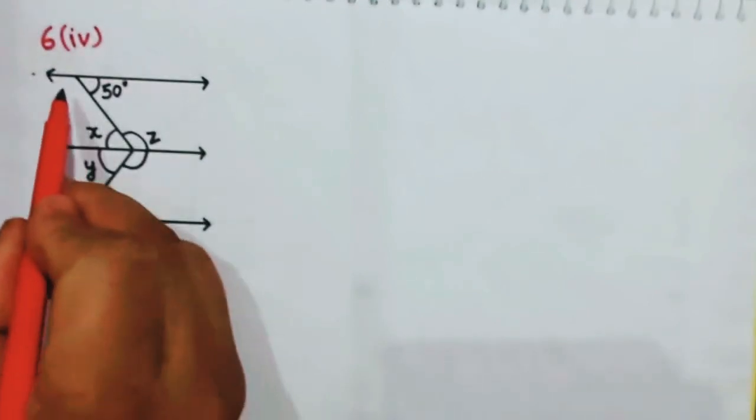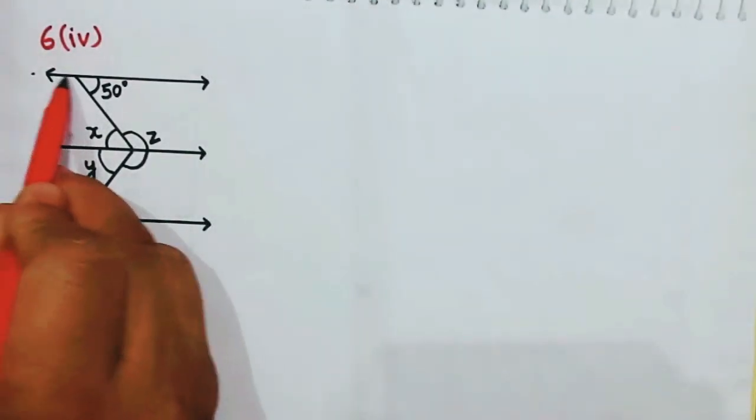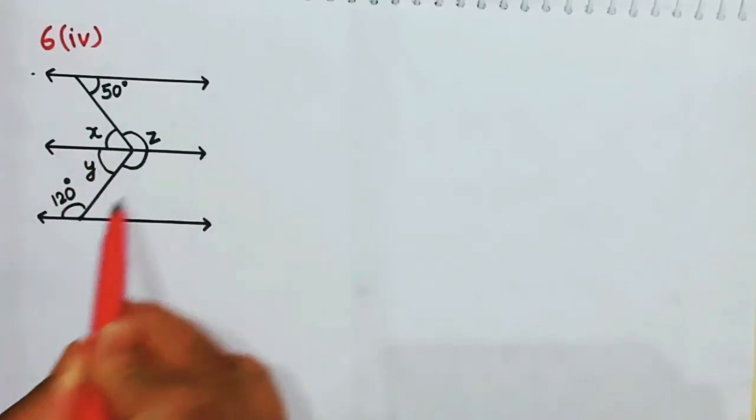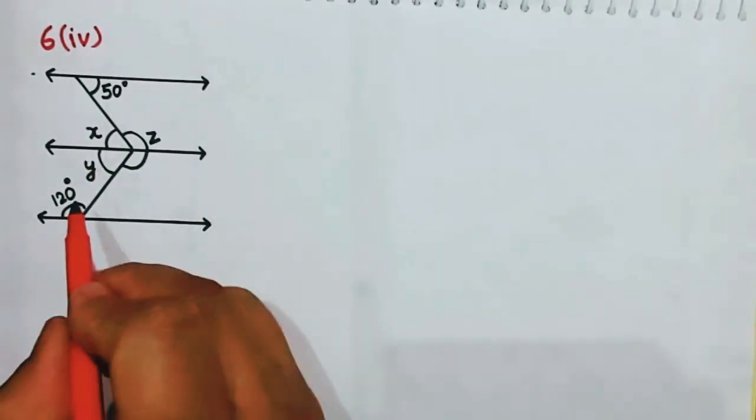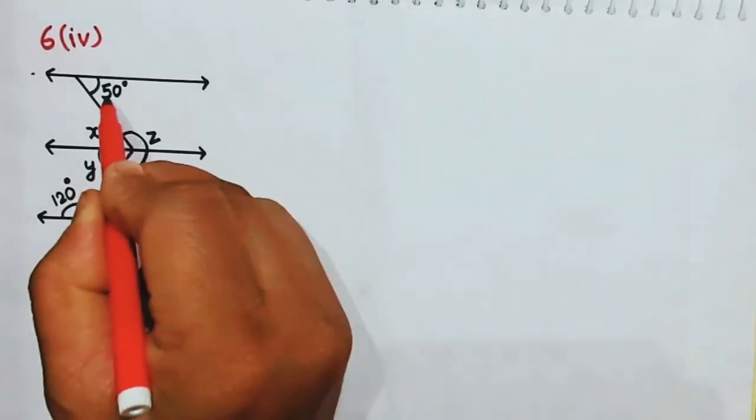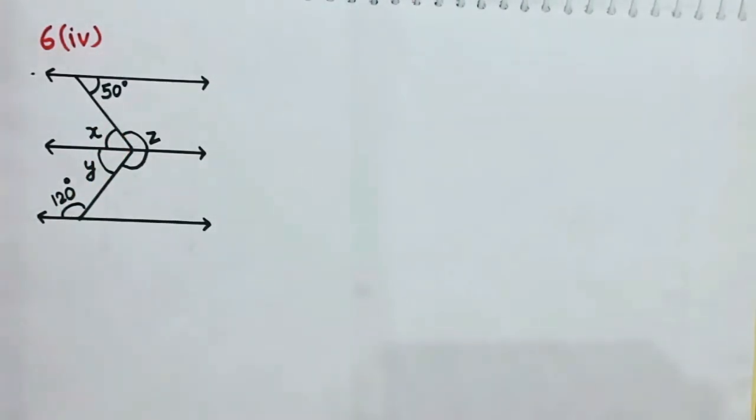Let's concentrate over here. Here they have given you 3 parallel lines, 1, 2 and 3. Very good. They have given you 2 angles, 120 and 50 degrees.